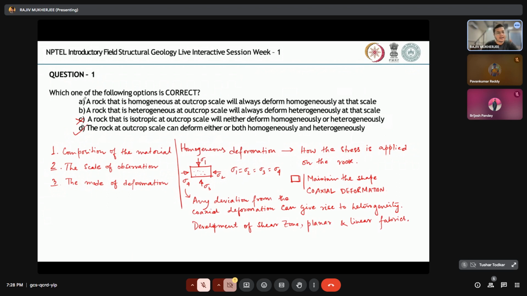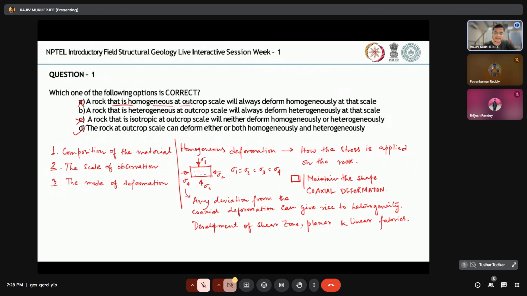So in that sense, option A will also be discarded, because the mode of deformation doesn't actually depend on the compositional heterogeneity or homogeneity of the material. That is simply not possible, because the mode of deformation is controlled by the tectonic stresses, right?